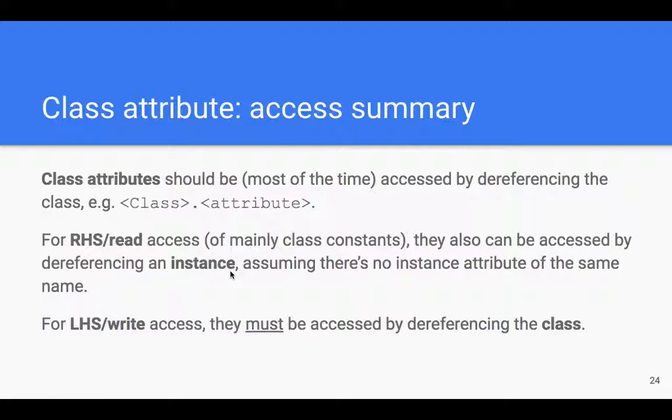But of course, that assumes that the instance doesn't already have an instance attribute with the same name as the class attribute. The main use for this case, and I've done it myself, even though it may not be the clearest way of accessing a class attribute, is when we access class constants. Sometimes I do go through the instance instead of the class.